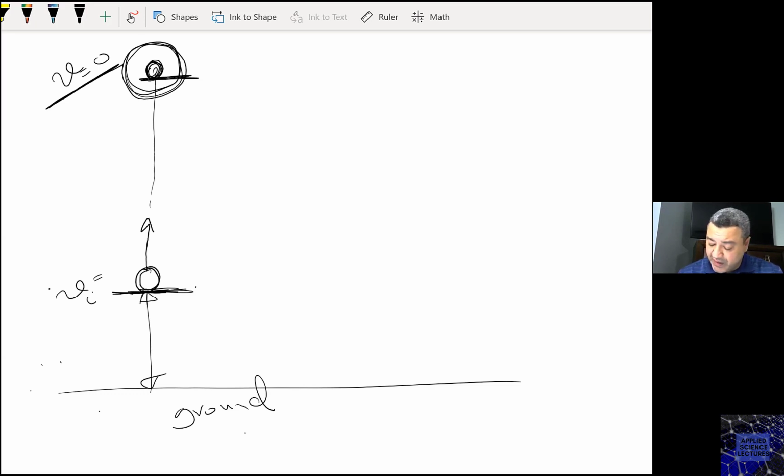For example, here it has a kinetic energy, EK1, and also has a potential energy. Let me call this one EP1, the gravitational potential energy. Here at this position, the EK2, because the speed is 0, this will be 0, plus EP2.